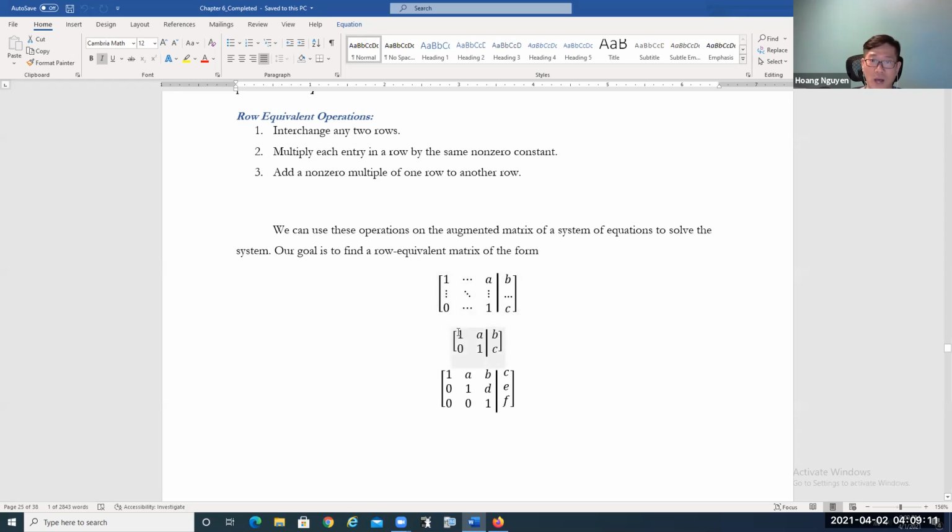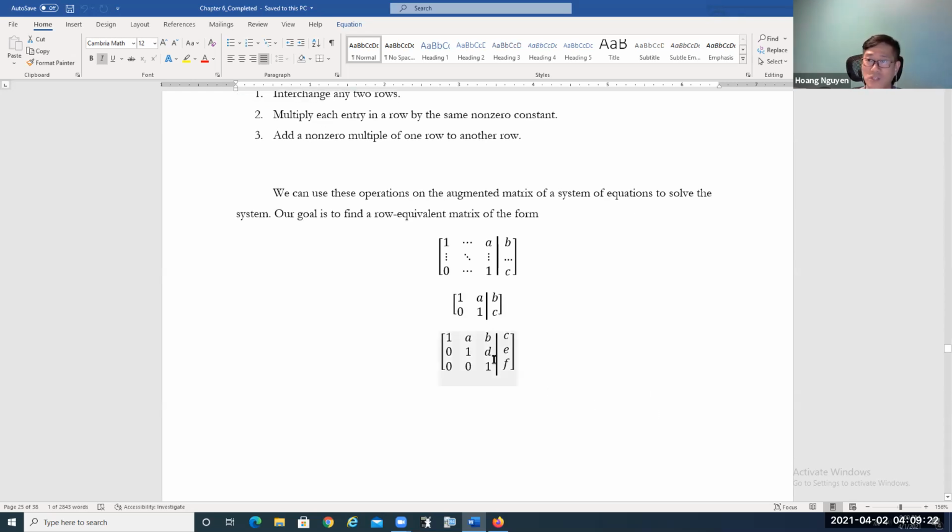Make sure that you have 1 on the main diagonal, and then the elements below that main diagonal are 0. If you have 3 equations with 3 variables, then the final form that you want to approach is gonna look like this. The elements on the main diagonal are gonna be 1, and then all of the elements below are gonna be 0.